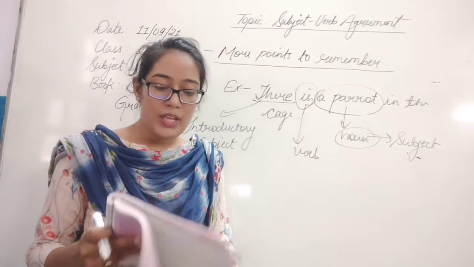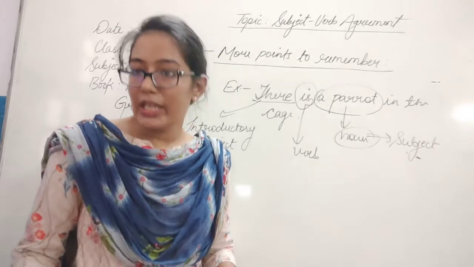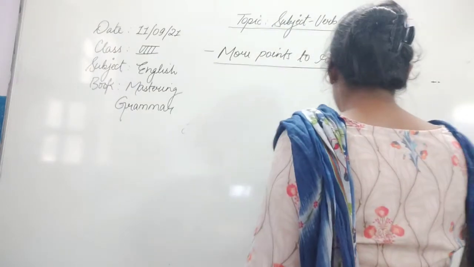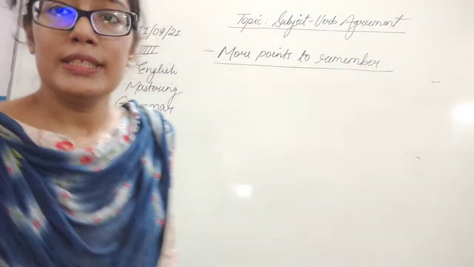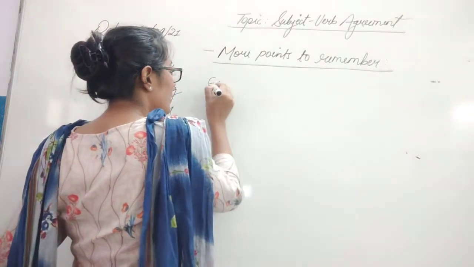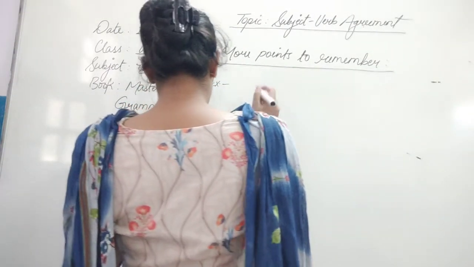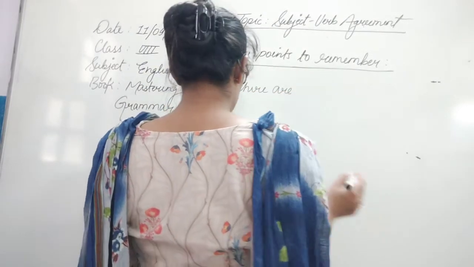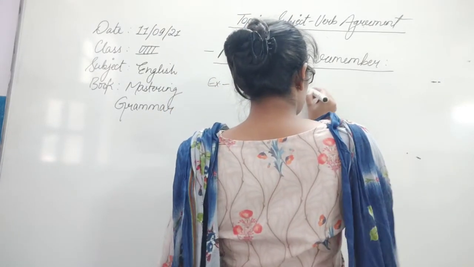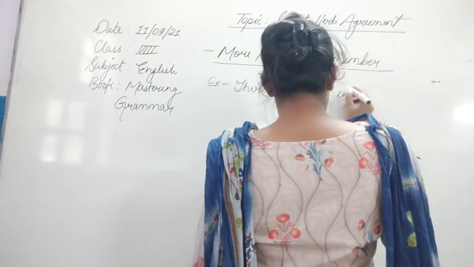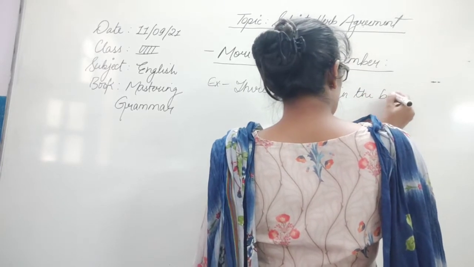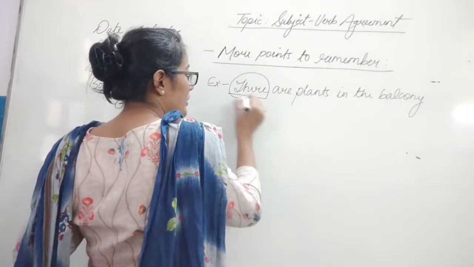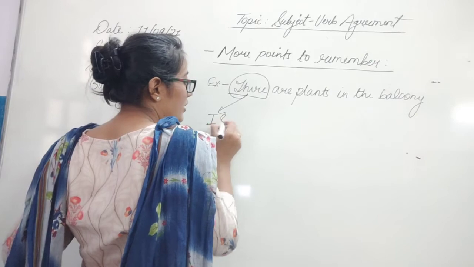Am I clear? Now, another example. There are plants in the balcony. Okay, so there, what is there? It is the introductory subject.